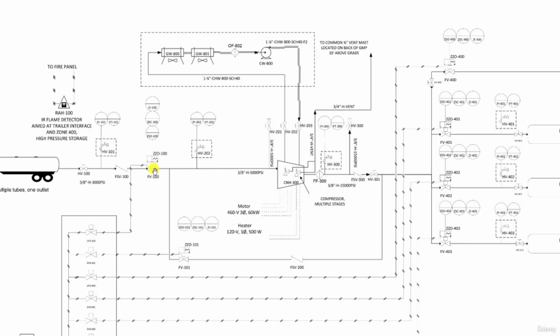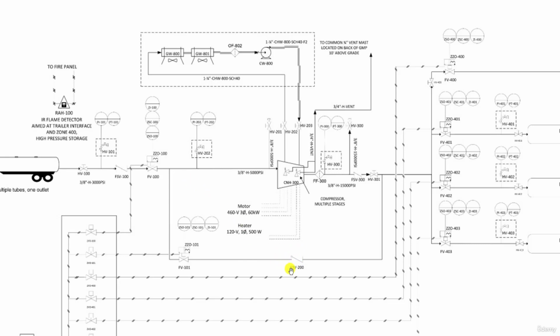Downstream of the valve, the flow of hydrogen is split into two pipes, one going to the section of the compressor, the other bypassing the compressor. Now be careful here. You may think of this line as a recirculation line to provide a minimum flow for the compressor and prevent it from surge, as we have seen in a previous video.